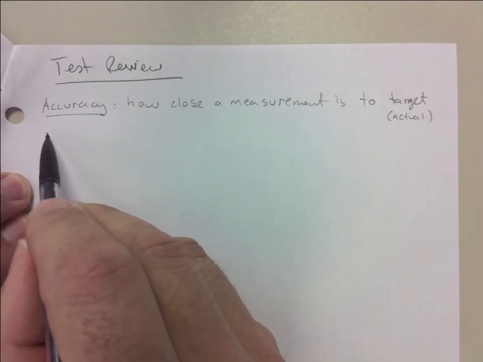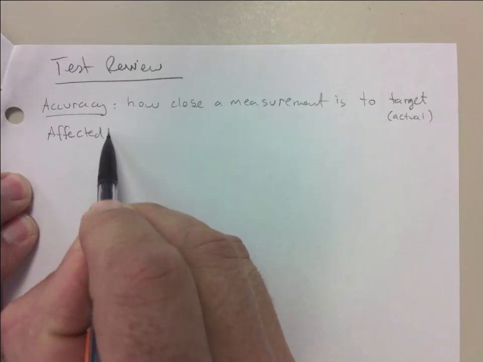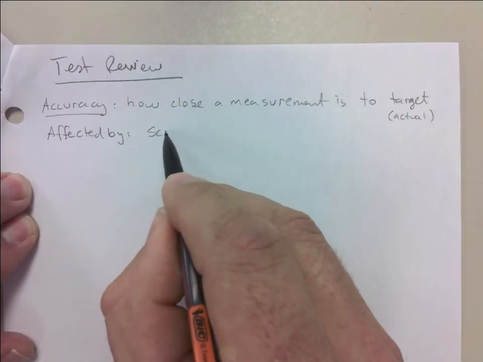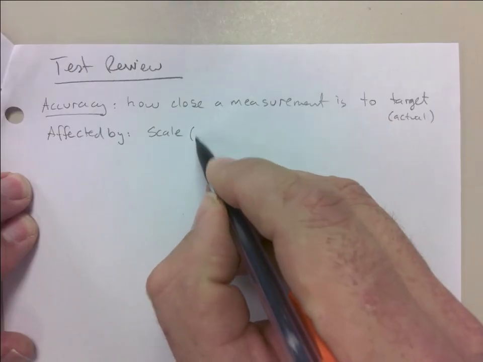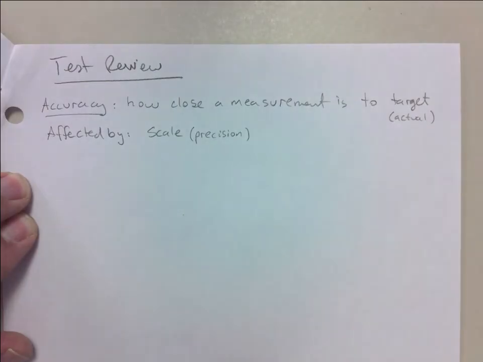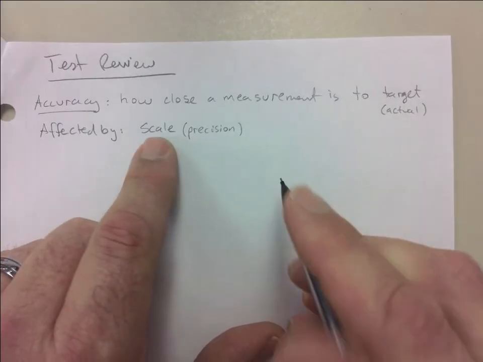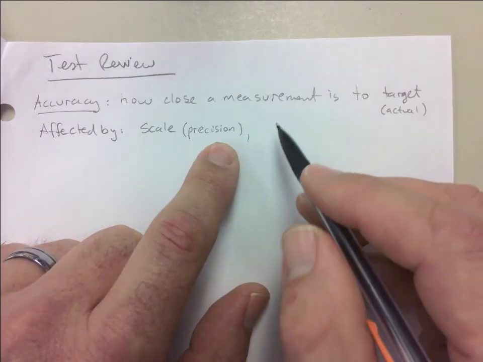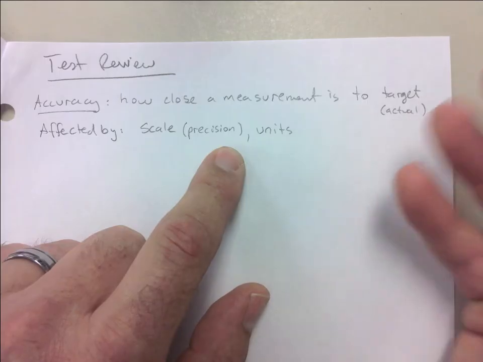So what can it be affected by? The scale, if it's inappropriate. And by the way, now I can tell you that the scale is really the precision. At first I didn't talk about it because at the very beginning we didn't really know about precision yet, but the scale has to do with the precision. It can have to do with units, whether or not you're using standard units.